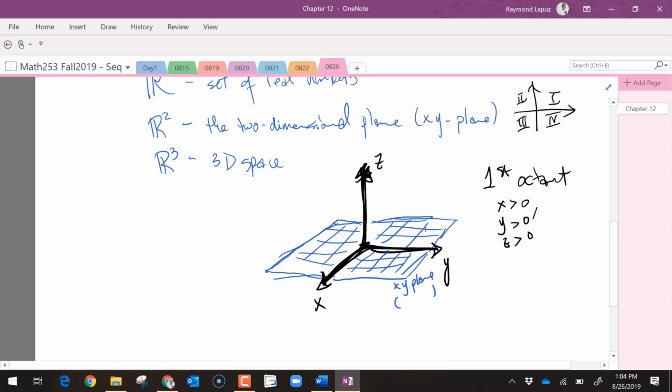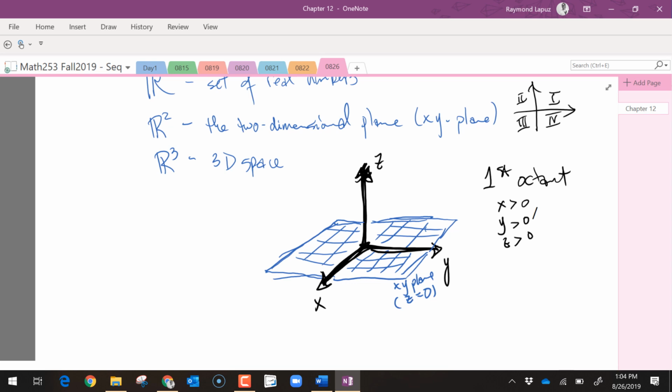So when you say Z is equal to 0, there is no X and Y dependence. That statement does not say anything about X and Y. So you can say, what if I let X equal 5 and Y equal 7? Z is still going to equal 0, right? And so where is that? That's going to be the whole XY plane. So your equation is going to be Z is equal to 0. That will represent the XY plane. Okay?